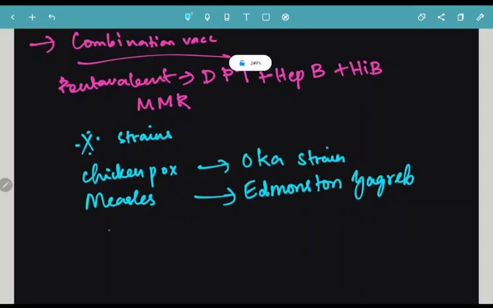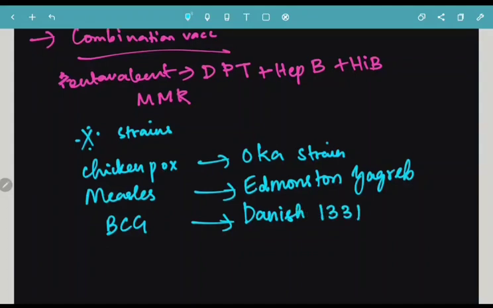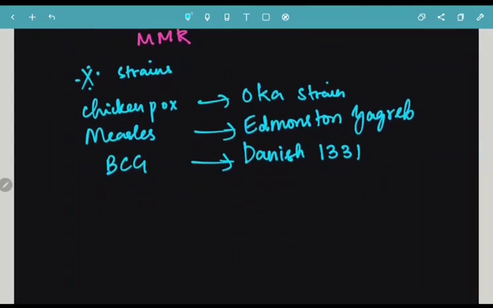Next is BCG. Very important. What strain do we use for BCG? The Danish 1331 strain. Chickenpox, Oka strain. Measles, Edmonston Zagreb strain. BCG, Danish 1331 strain. Then comes rubella.